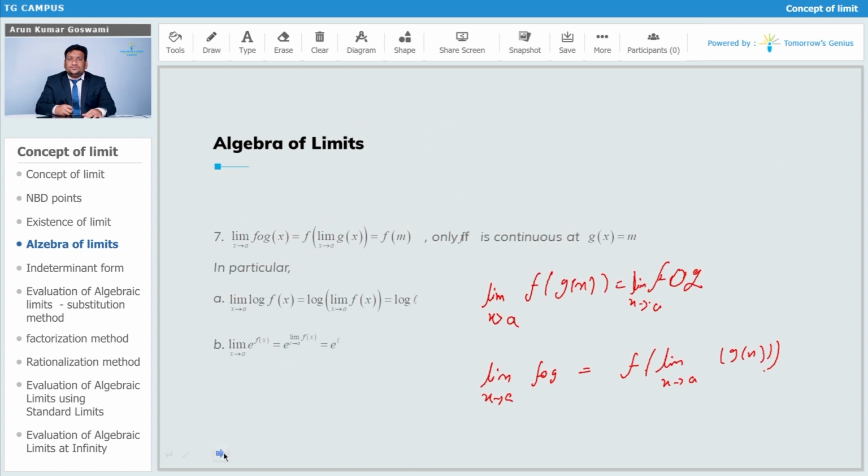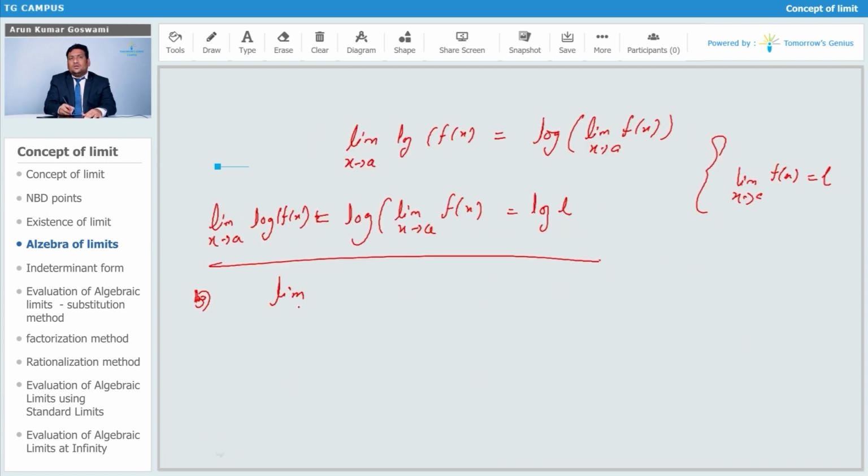So limit x tends to a e to the power f of x is equal to, I'll write in a different manner, e to the power limit x tends to a f of x, okay, and limit x tends to a f of x is nothing but L, so we got e to the power L. So this is what our final answer is.